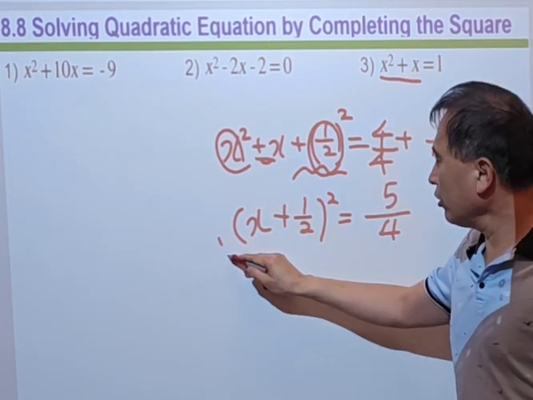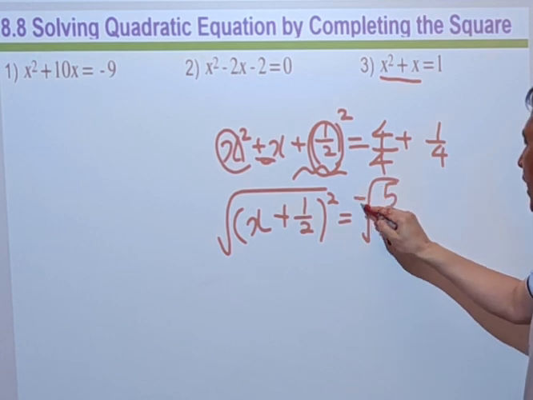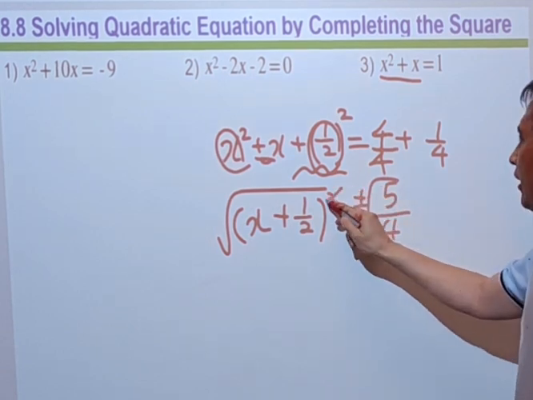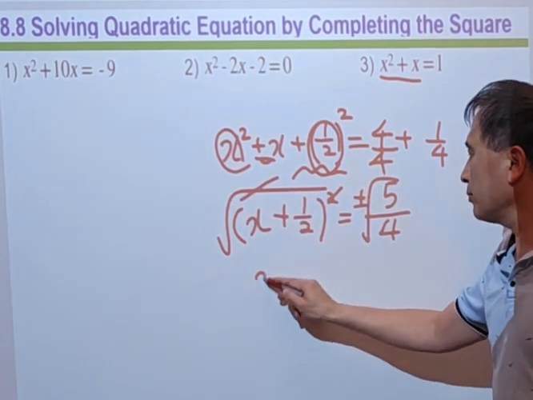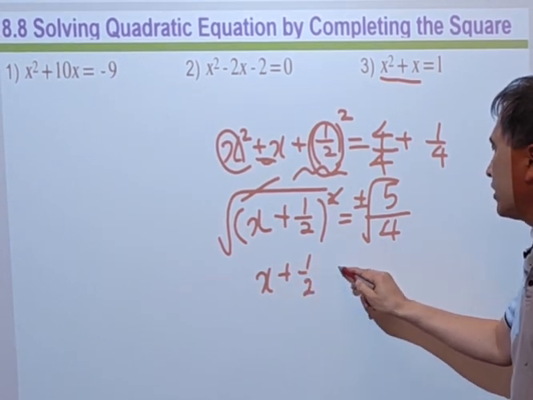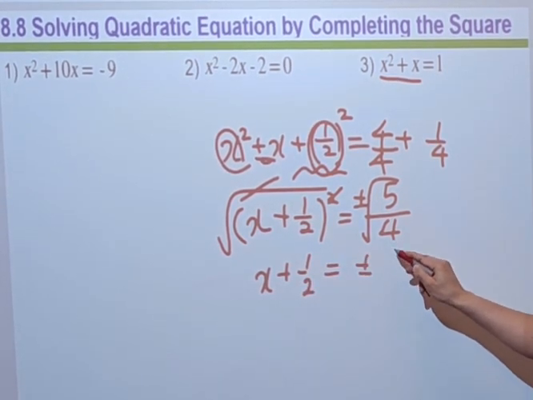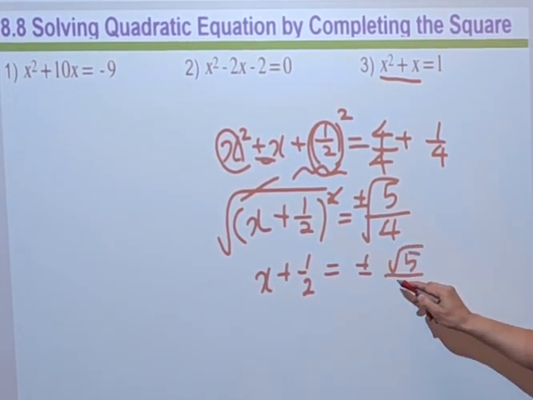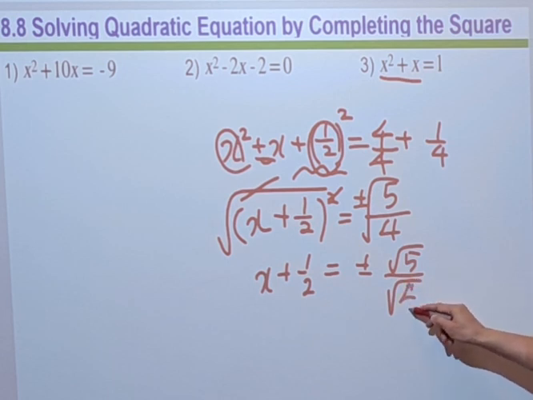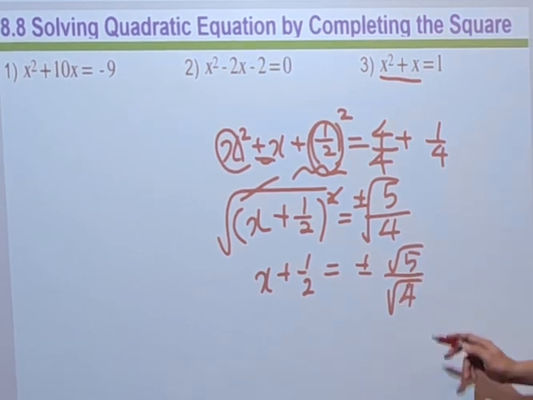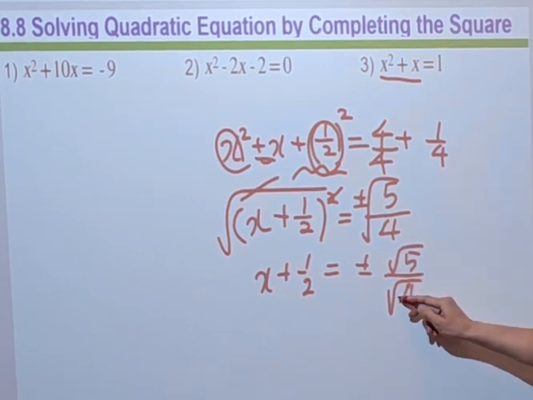And same thing, square roots, plus minus. Don't forget plus minus. And then this cancels out. So x plus 1/2 equals plus minus root of 5 over 4. But I'm going to separate root 5 over 4 like that because we'd better rationalize the denominator. Now 4 is 2 squared, right?